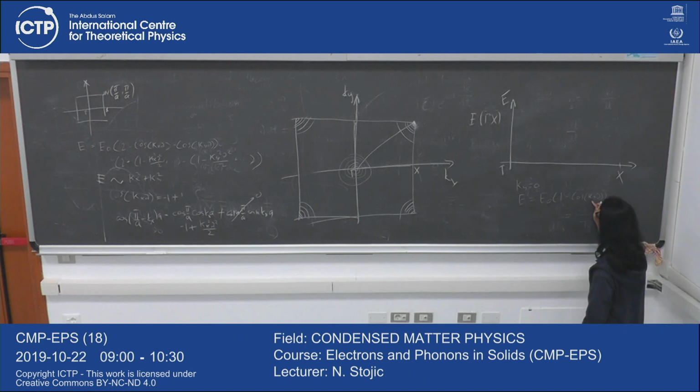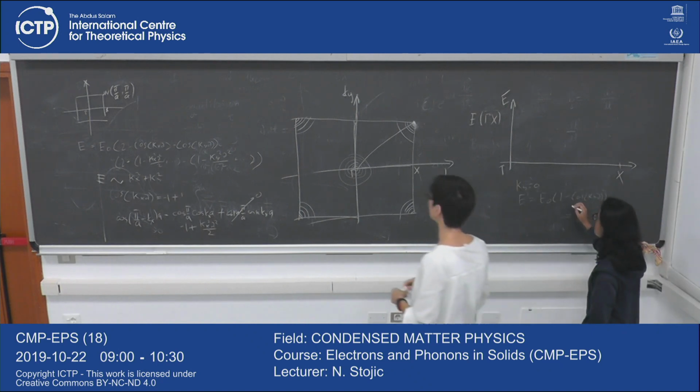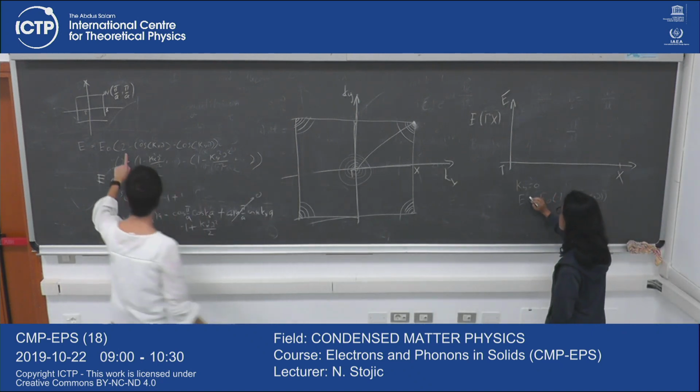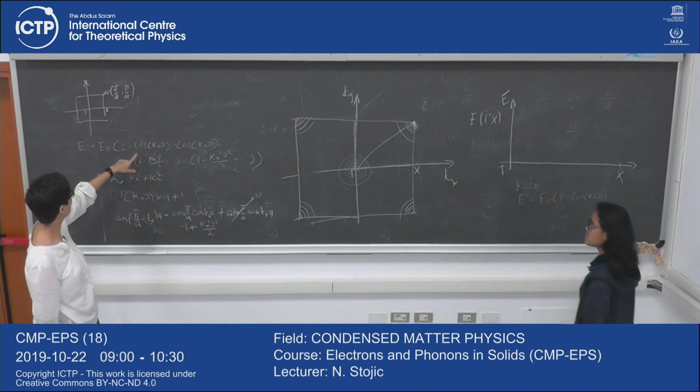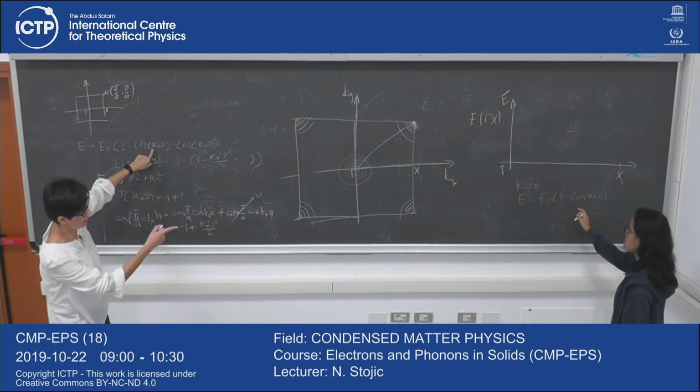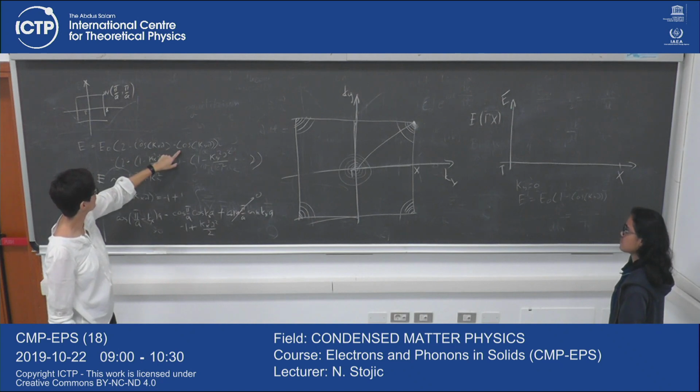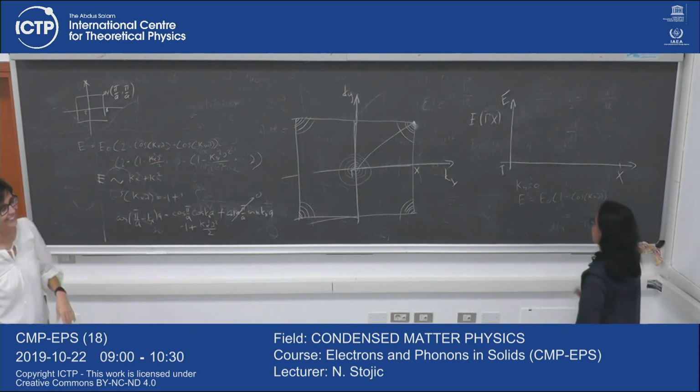Okay, be careful, this is a trick, you know. Now you have here 2 minus cosine kx, which is fine, minus 1.